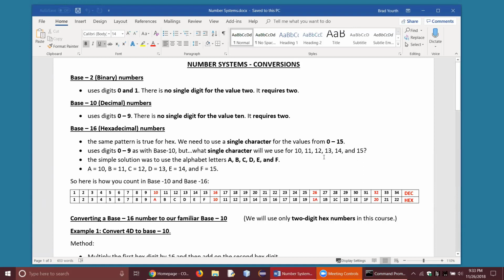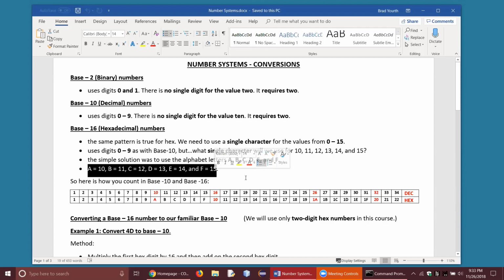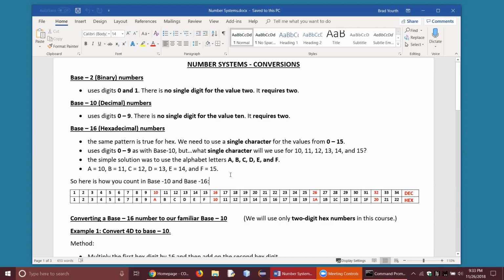We have to represent those with a single character. So what was decided upon, and the very wise decision, was to use the letters of the alphabet, since we're all familiar with those. So A is 10. Here's the kicker down here. A is 10, B is 11, C is 12, D is 13, E is 14, and F is 15.